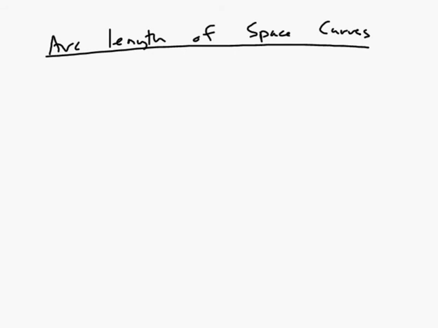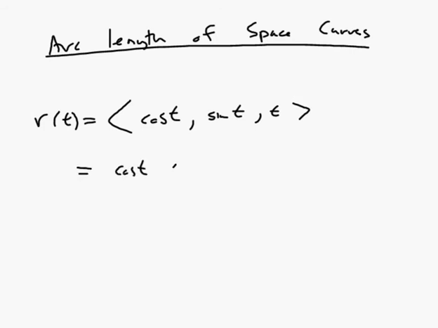So sort of the famous example that we first looked at when we started looking at vector valued functions, I asked you to think about this thing. You can write that this way also: cosine t i plus sine t j plus t k. All right?